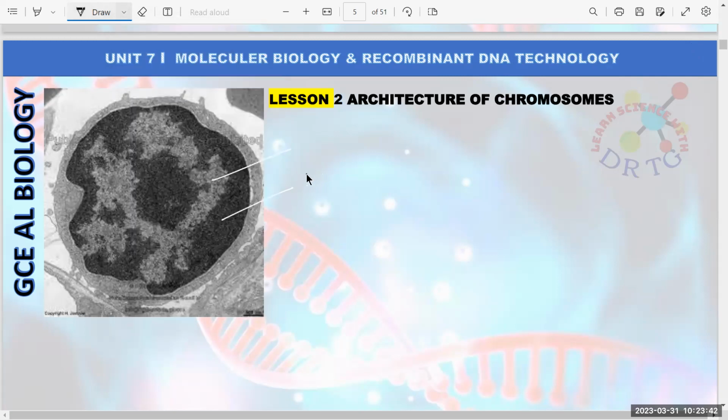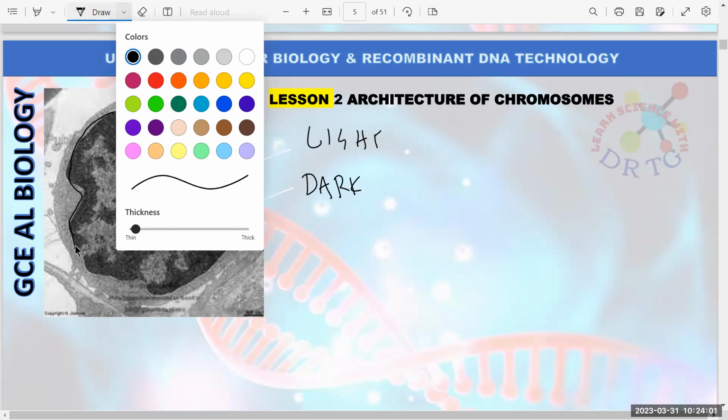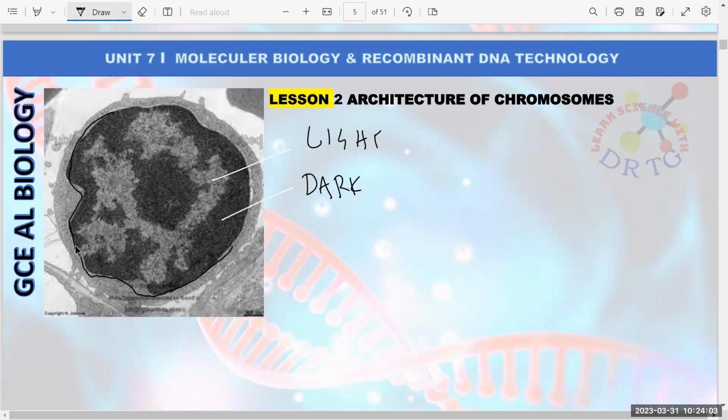Some areas look very dark, some areas look very light. But I still say the nucleus is packed with DNA molecules. That means the complete structure we see is DNA molecules. So DNA molecules are packed inside the nucleus, and we can see light areas and dark areas.